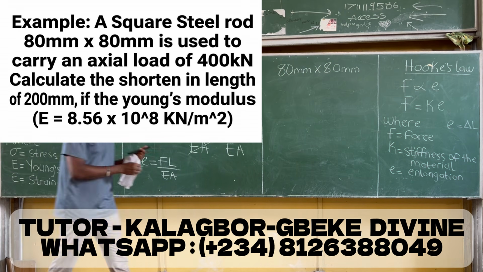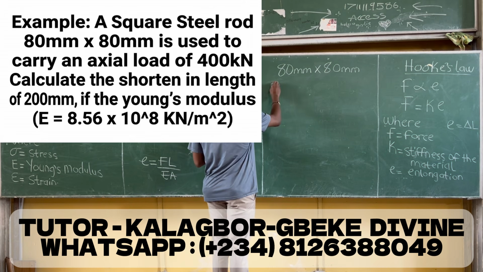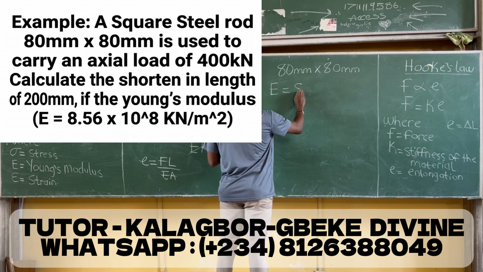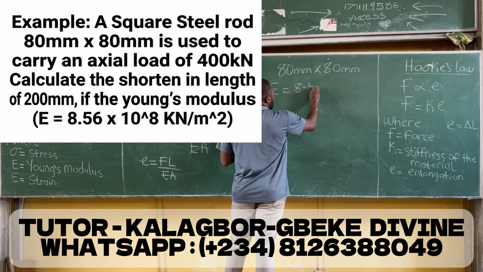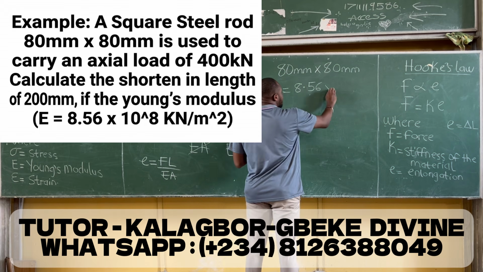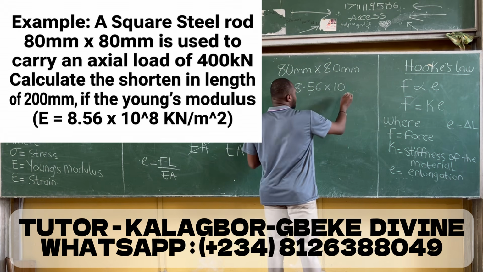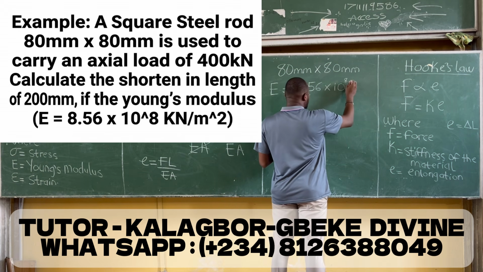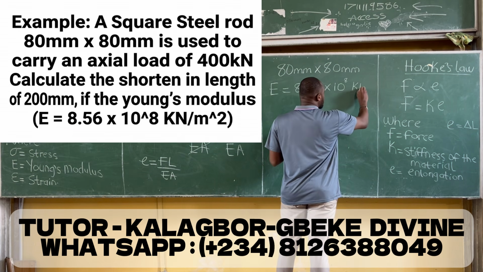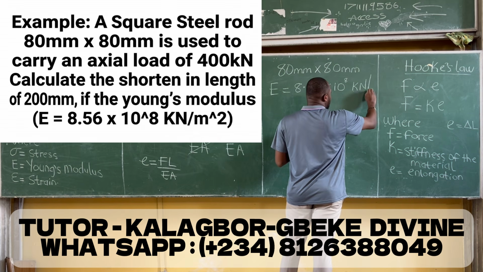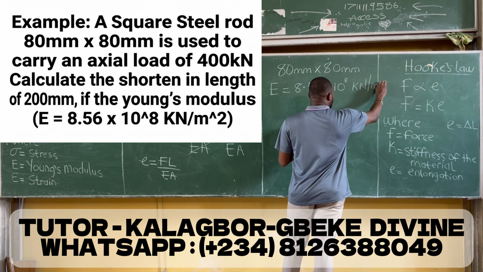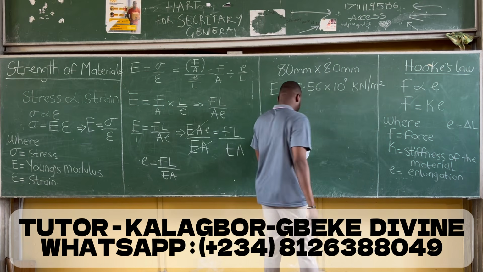The Young modulus E is equal to what? 8.56 times 10 raised to power 8 kilonewton per meter square.